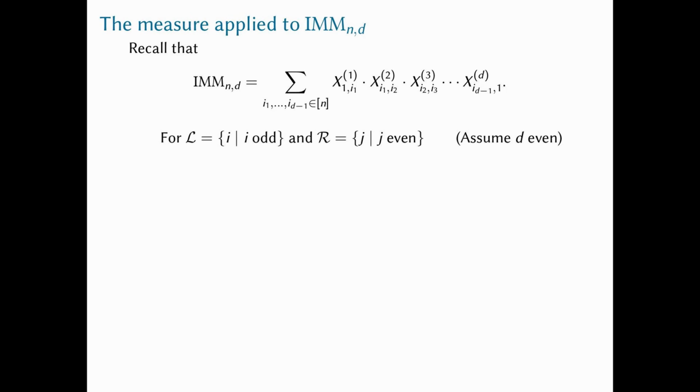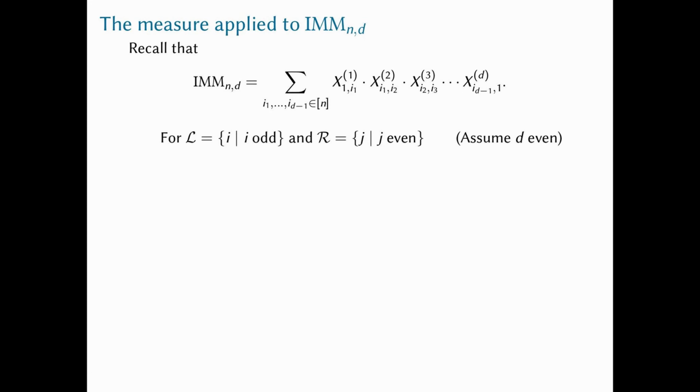So the first point is that we want our measure to be large on our hard polynomial. So let's focus on IMM. We can write it as follows: we have to find one path from 1 to 1, going through the d matrices. So it will be the sum of all monomials of the form: we take the input of coordinate 1, I1, after I1, I2, after I2, I3, and so on.